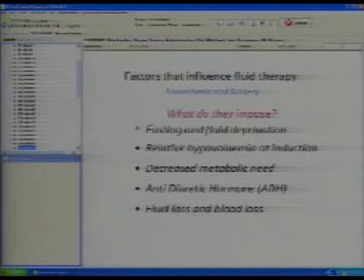In the intraoperative period, under anesthesia, there's a decreased metabolic need and increased antidiuretic hormone, so there's fluid retention, plus there's fluid loss and blood loss depending on the tissue dissection. All these factors impose additional influence on fluid management in the intraoperative period, of varying degree.